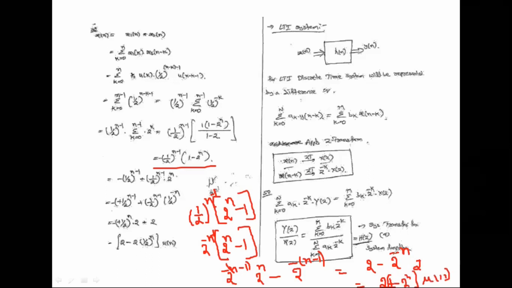It is only there, right? 2 power minus n is 1 by 2, so 2 minus 2 into 1 by 2 whole power n, mu of n. Otherwise, you can take 2 as common: 2 into 1 minus 1 by 2 whole power n, mu of n. Got it, my dear students? Mu of n.